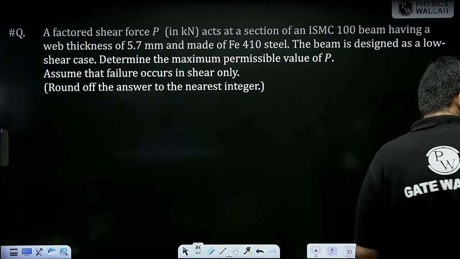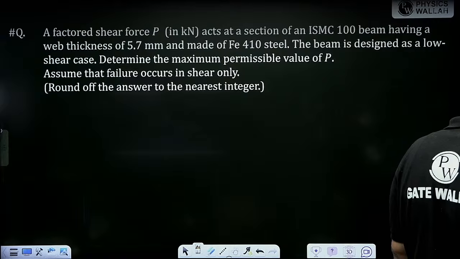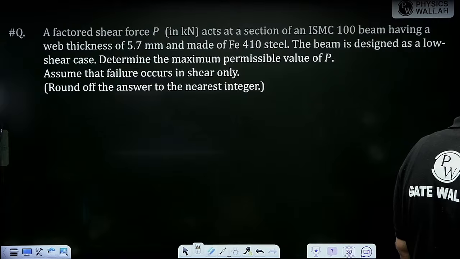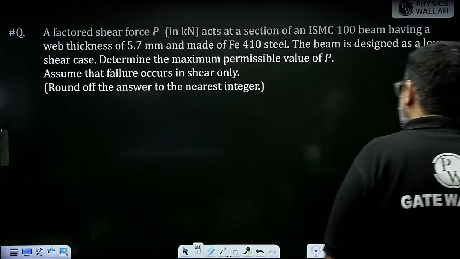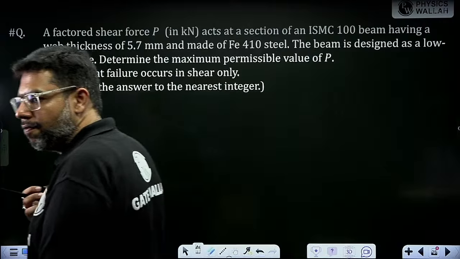Do this question of beam. Do this as well. Make it fast.